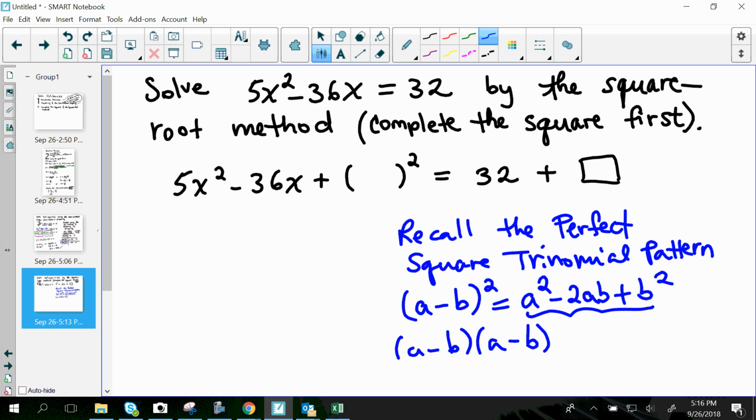And also, if it was a sum instead of a subtraction there, then the only thing that would change is that this would be a plus.